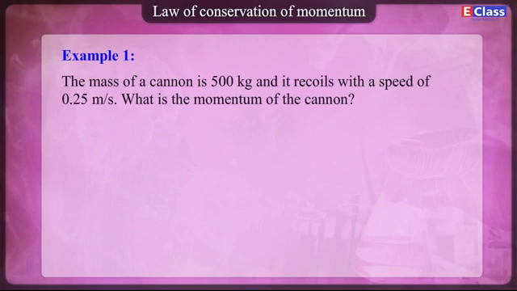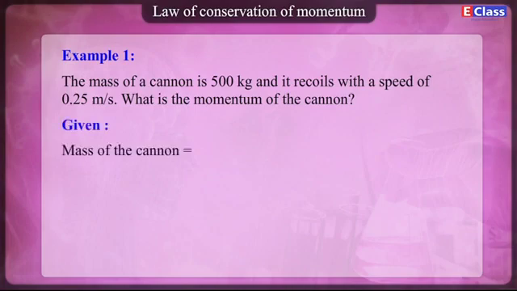Solved examples. Example 1. The mass of a cannon is 500 kilograms and it recoils with a speed of 0.25 meters per second. What is the momentum of the cannon?